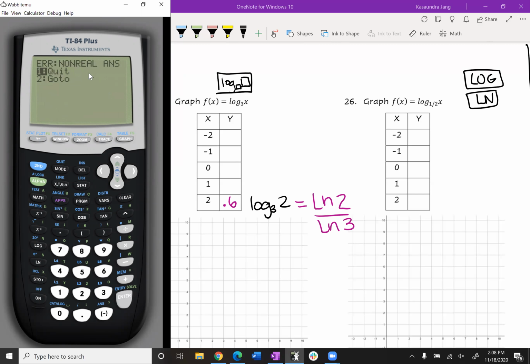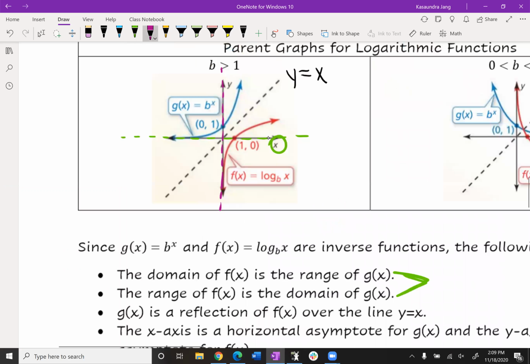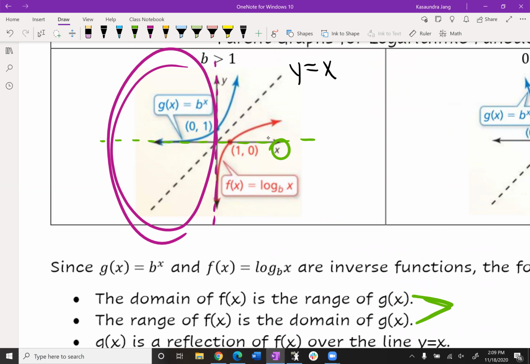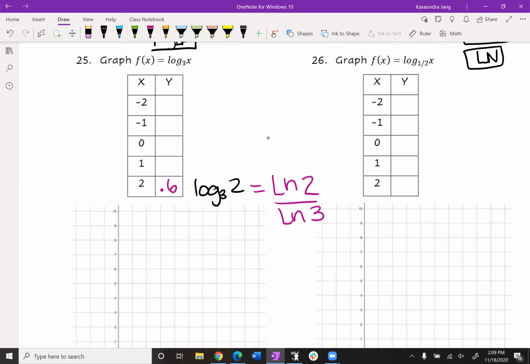Think about this. This is a negative x value, right? On my logarithm, the red graph here, I didn't have any part of that red curve on the left. I didn't have any negative x's. So it makes sense that if I plug in -2, it's an error. I don't have anything I can put on the graph there.